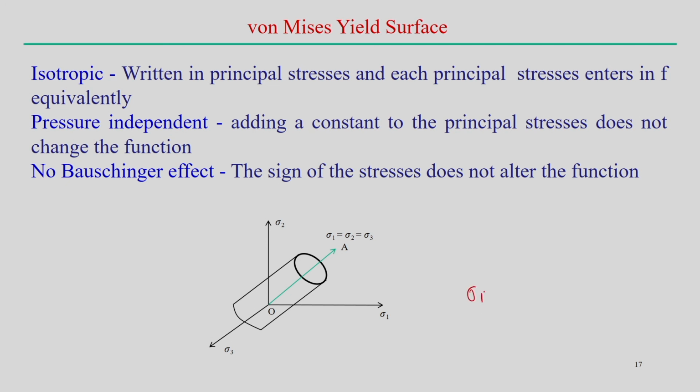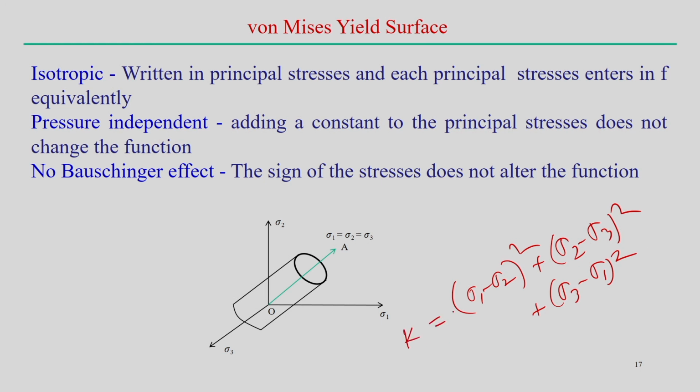If we look at sigma 1 minus sigma 2 square, sigma 2 minus sigma 3 square plus sigma 3 minus sigma 1 square, all these terms enter equivalently in this particular expression. Pressure independent means that adding a constant to the principal stress components does not alter the functional form. So we can say it also satisfies pressure independence.